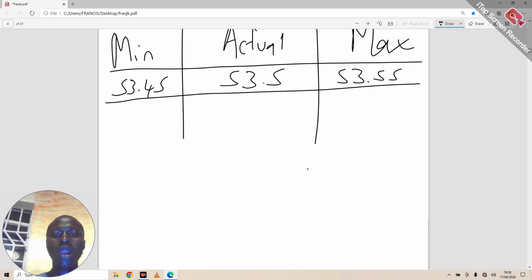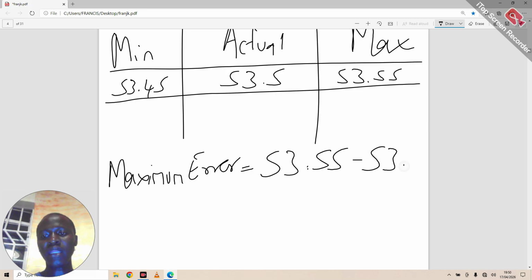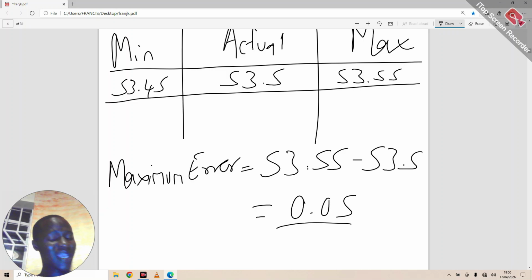So having this, now we can get our maximum error. Maximum error is given by the maximum value, 53.55, minus 53.5. So having 53.55 minus 53.5, we shall get 0.05. Guys, I want you to be that type of student who does something that he or she understands.